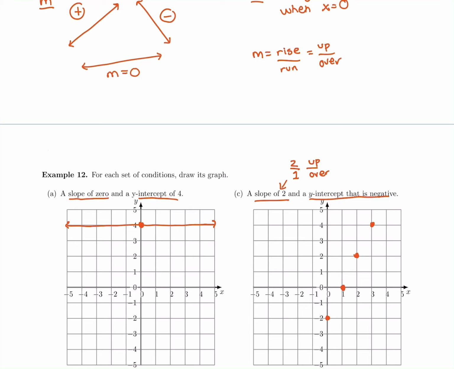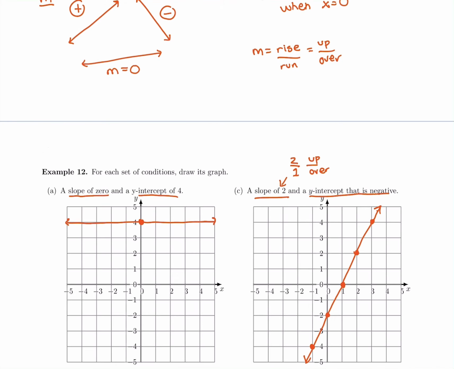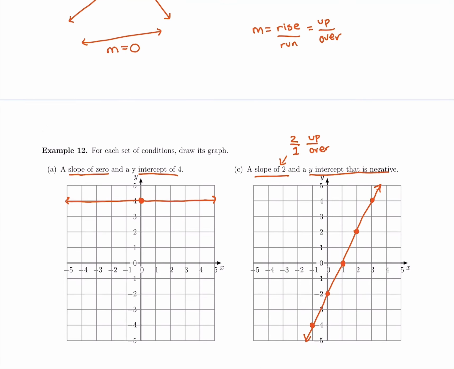As we go to the left over here, we're going to go down 2 over 1. That way, as we read left to right, we really went up 2 over 1. And then we can connect these points with a straight line since we have a linear function. There's many possible answers for that, because the y-intercept just had to be negative with a slope of 2.